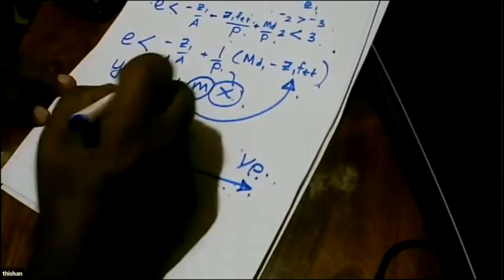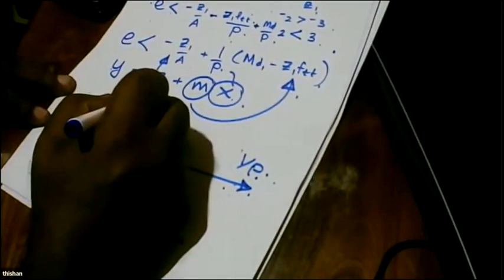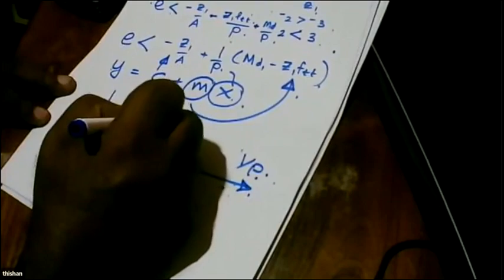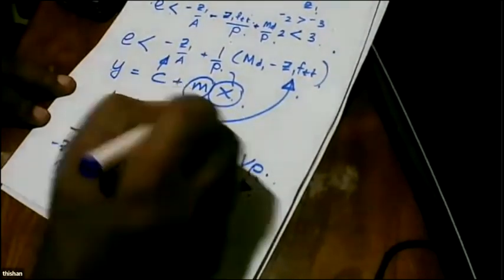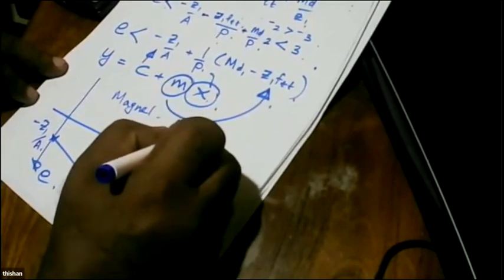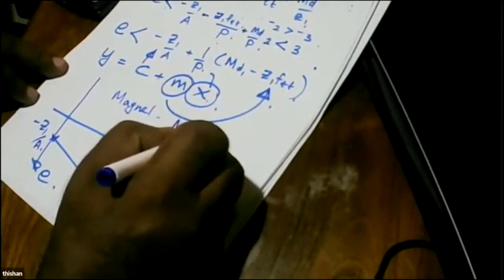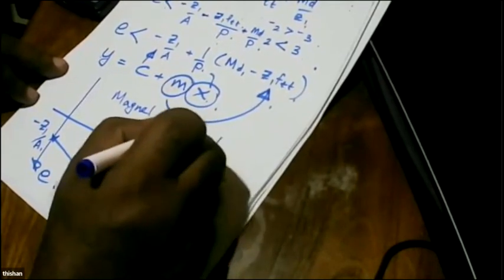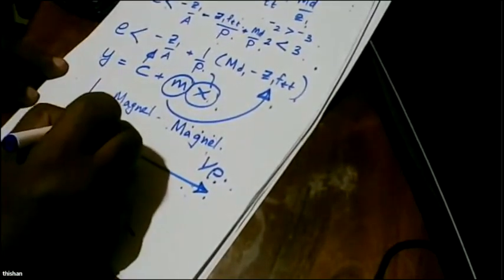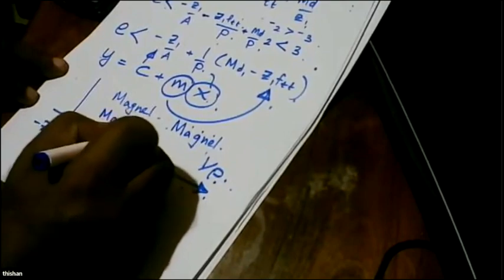This was first represented this way by a person called Magnel. Actually, it's a real name. This is a Belgian guy. Although we write it as Magnel, they add all these dots and so on, so his actual name is Manier.